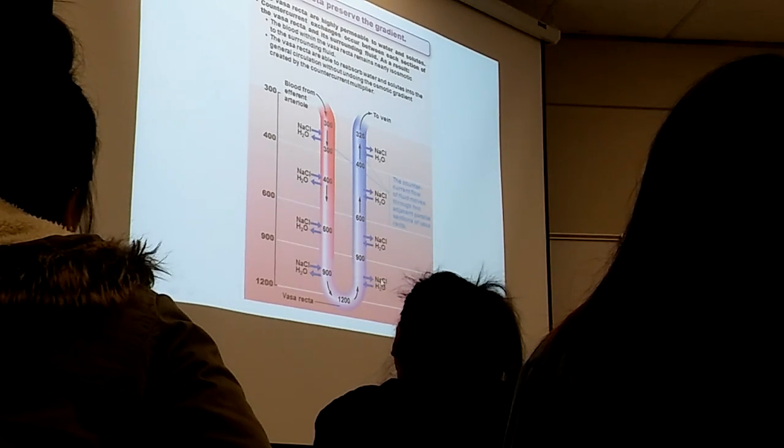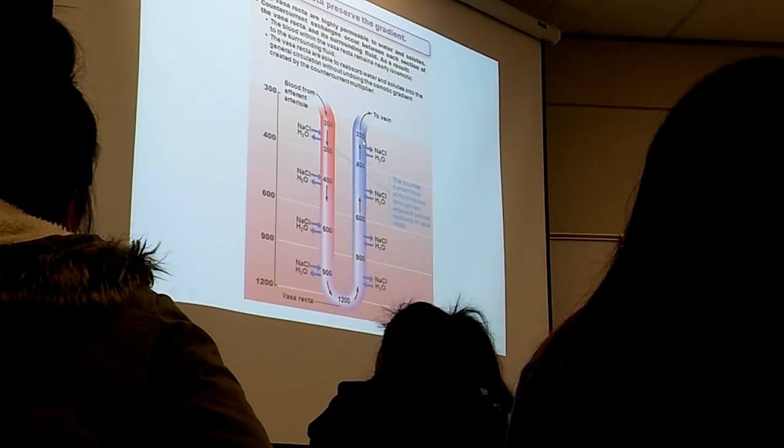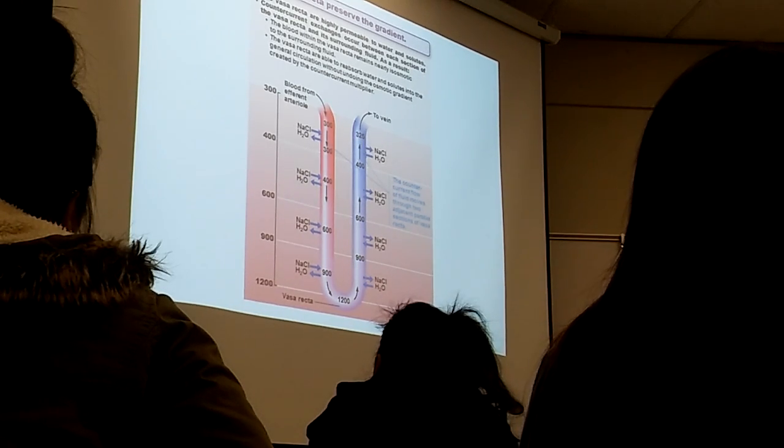The sodium is going to leave and the water is going to come in, because this has a higher amount of salt than out here. This will continue. Water will come in and sodium chloride will exit, until at the end of the ascending vasa recta, it is almost the same as the blood that came in. Okay?